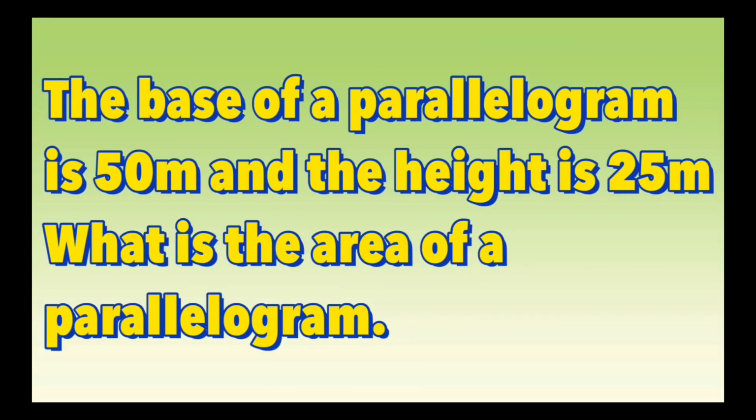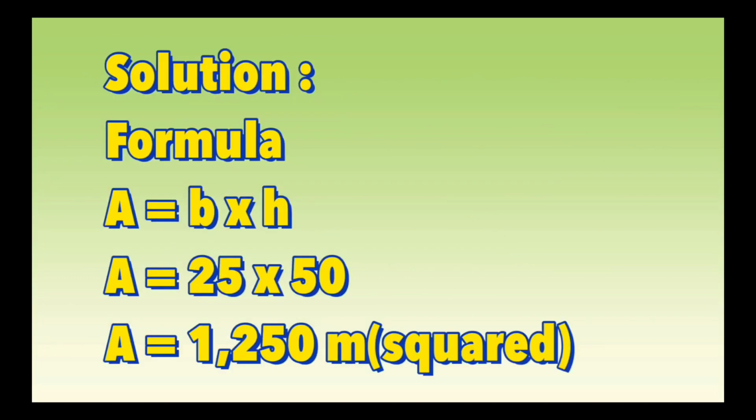Okay, the third problem. The base of a parallelogram is 50 meters and the height is 25 meters. What is the area of the parallelogram? So our solution, we use the formula again of parallelogram. Area equals base times height, and we have to substitute.